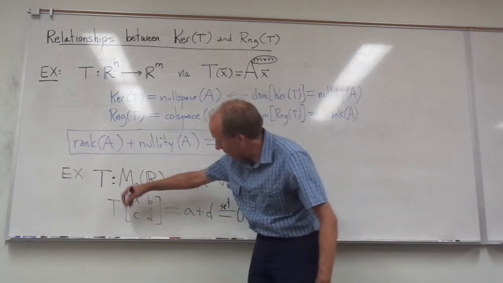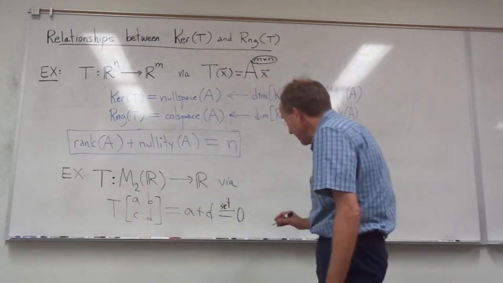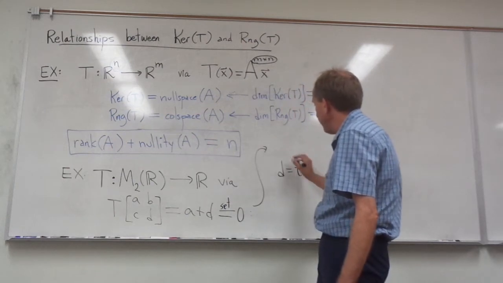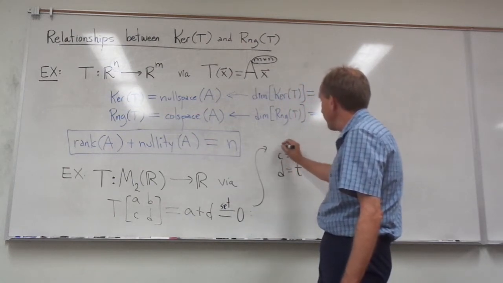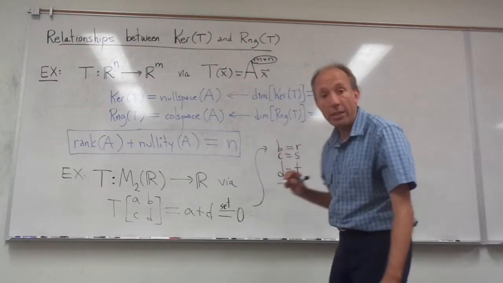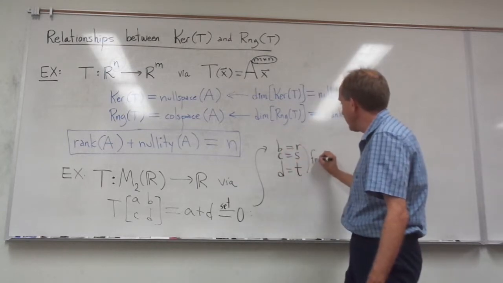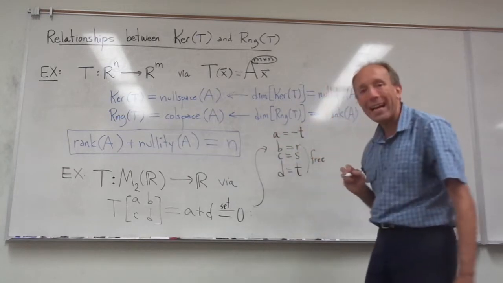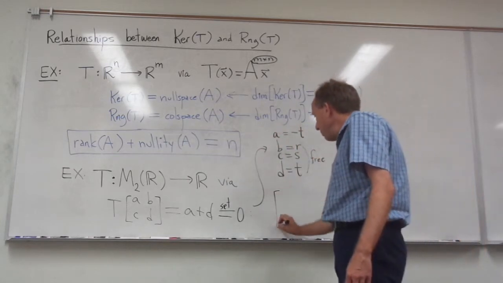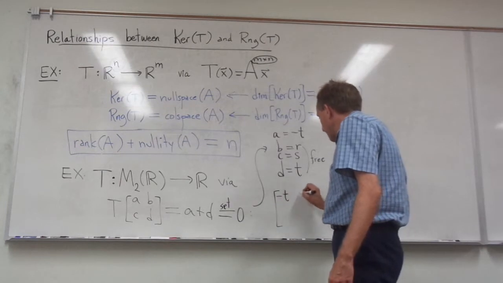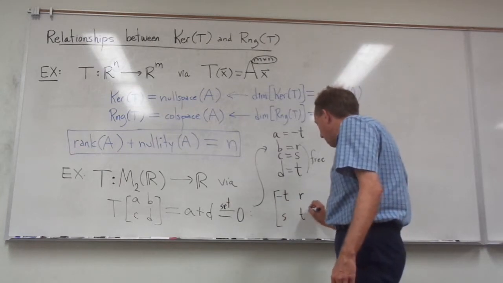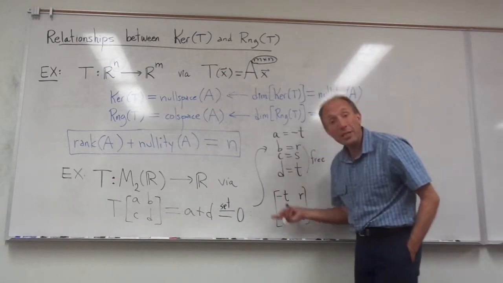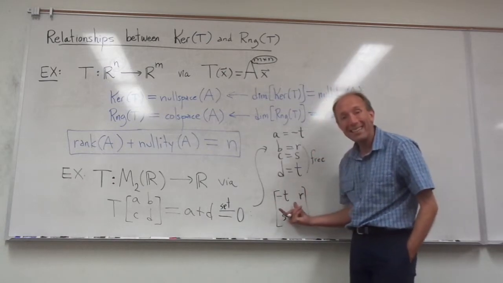The kernel is a subspace of M2 of R. And what's going to happen is d is going to be free, c is going to be free, b is going to be free. All three of these variables are free, and a will be equal to negative d. So if you build a matrix according to these parameters, r, s, and t, this is what the matrices in the kernel look like.